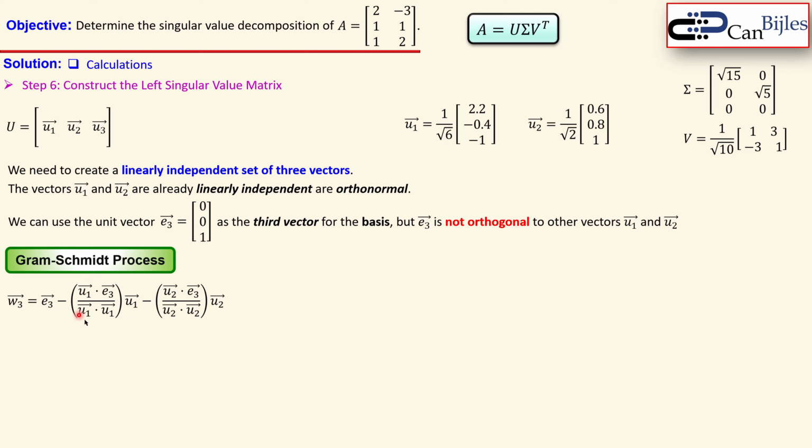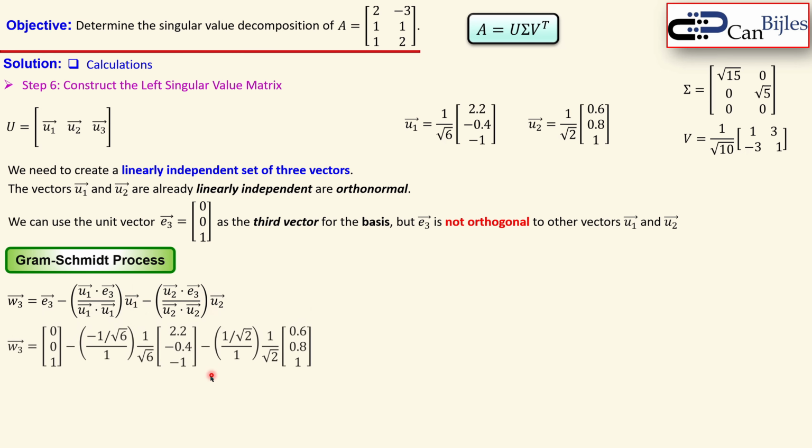This is the general Gram-Schmidt process. We do that also for u2, which is exactly the same, the only change is u1 to u2. Now we need to do the dot products here and here, and then multiply by the u1 here, and by the u2 here.